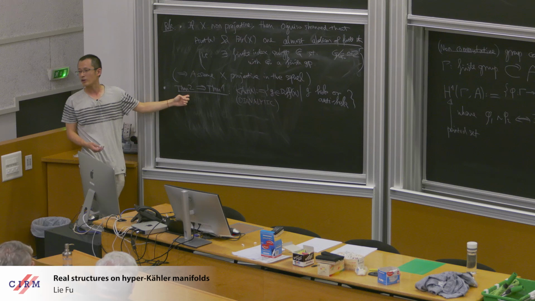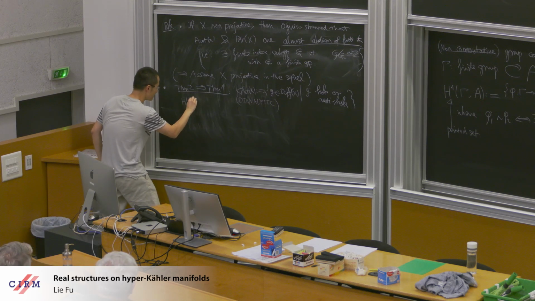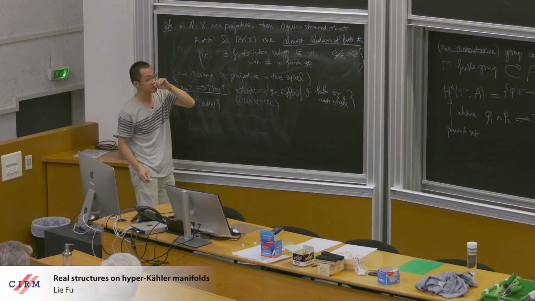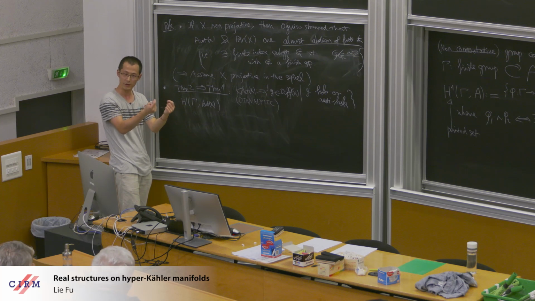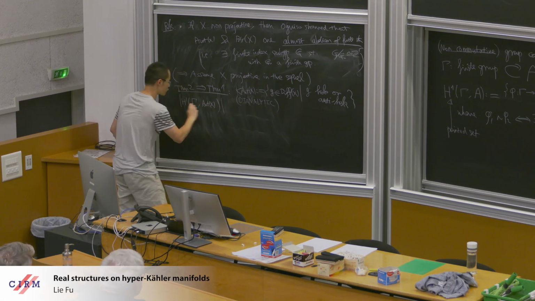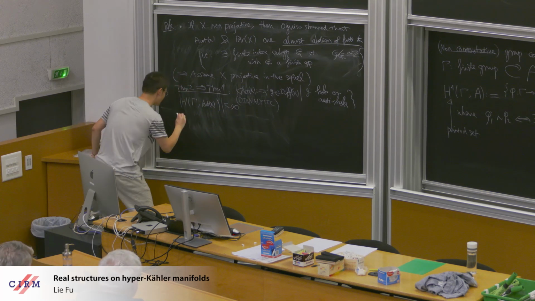So the argument is really easy. We want to show that H1 of gamma with values in the automorphism group, with the action I explained, conjugation by sigma 0 if there exists at least one real structure, is finite.